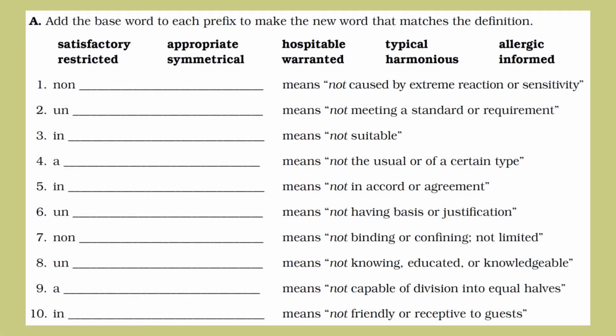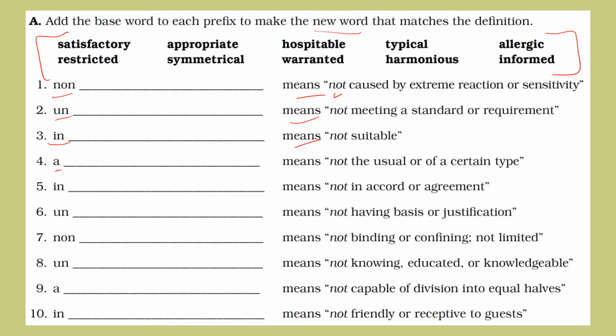All right, the first exercise: add the base word to each prefix to make the new word. So we have to make new words here. Those are the prefixes and those are the words. We have to add those prefixes to the words to match the definition.